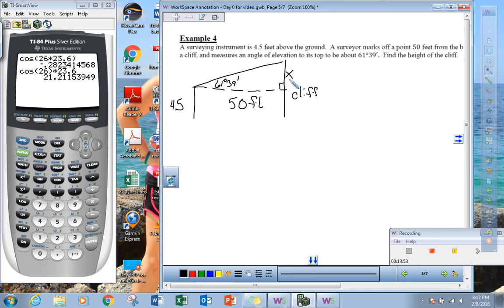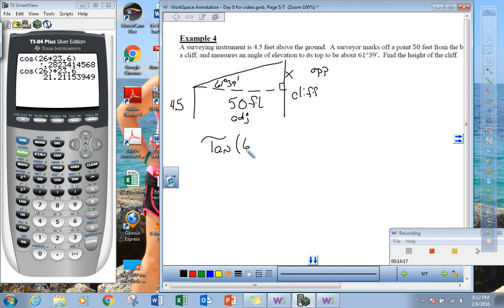So once again, decide what trig operation we're using. There's the opposite side. There's the adjacent side. So it looks like we're going to use the tangent function. Now when I do this, I'm going to have tangent of 61 degrees 39 minutes. But here's how we're going to write that.